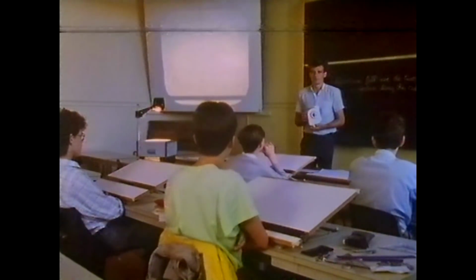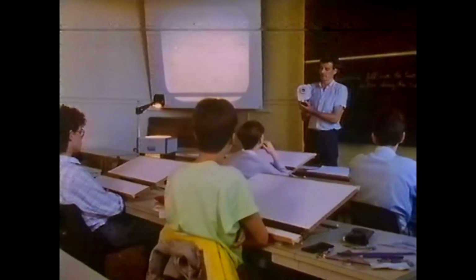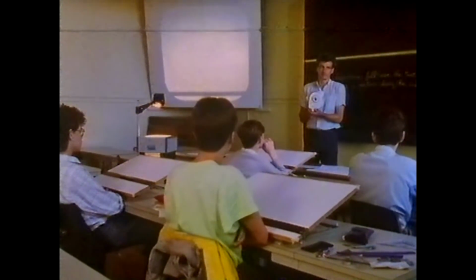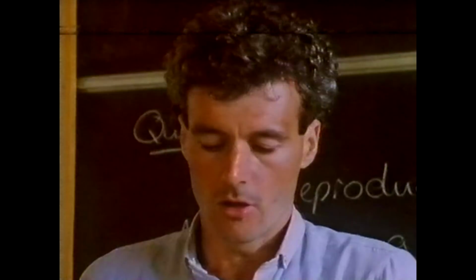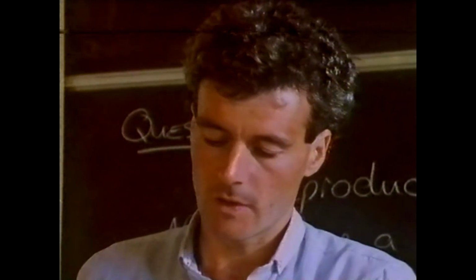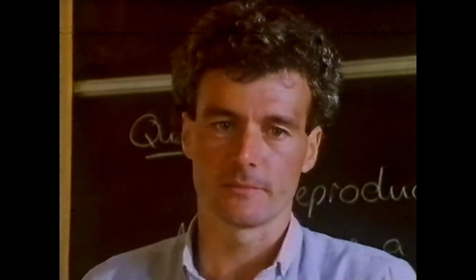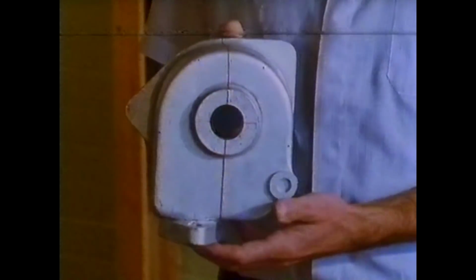Morning, lads. This morning we're going to be having a look at this object here. This is a wooden pattern of a typical casting. And what I'd like to do this morning is to draw 3 views of this casting. I'd like to draw a front view, looking directly this way into the casting, an end view looking this way onto the casting.